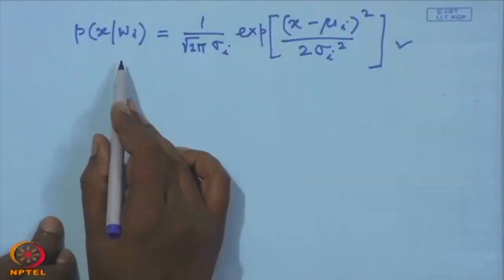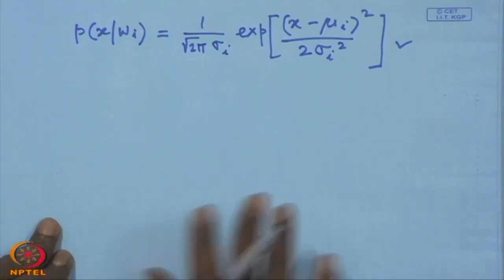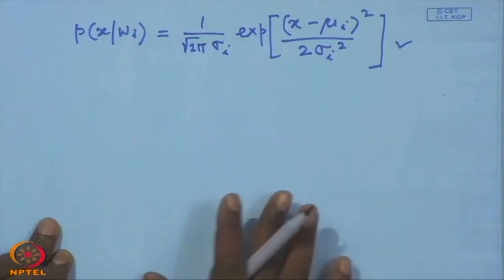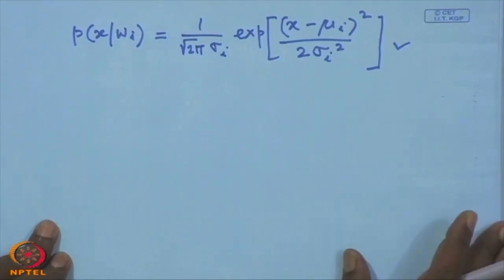But when I look at this expression, that is p of x given omega I, I take only the samples from class omega I; I do not take samples from class omega j, where j is not equal to I. So, naturally, if I want to find p of x given omega 1, I will take samples only from class omega 1.